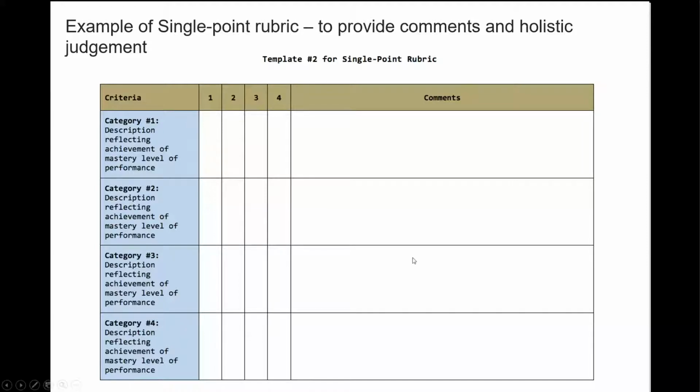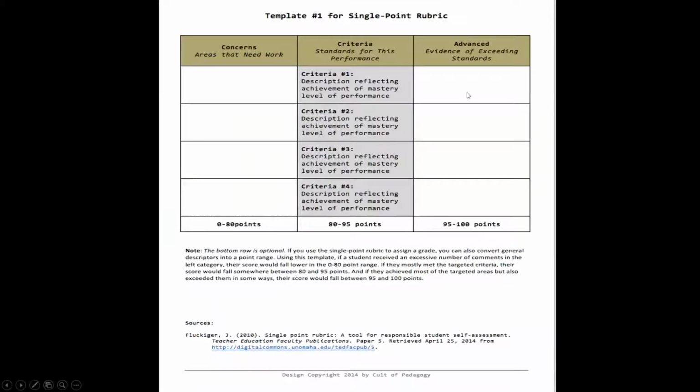if you want to use a single point rubric, especially when you're writing comments, what is expected here is for them to know how they can improve or what great things they have done. So this is to write down what great things they have done, and for you to know and justify yourself as an evaluator that they deserve more points because they've exceeded the standards.